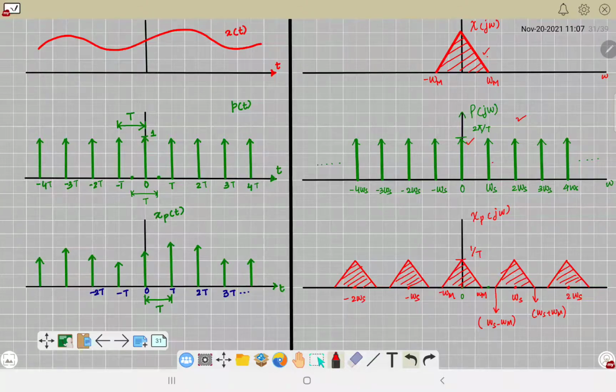Now we have observed that in the time domain, it was simple multiplication, the waveform on the left side.